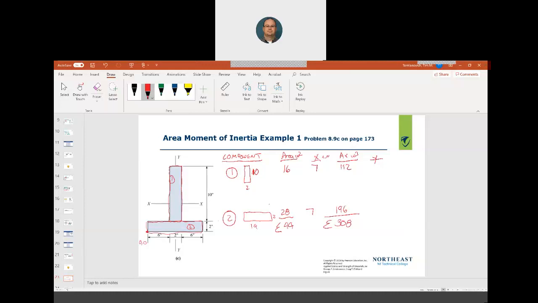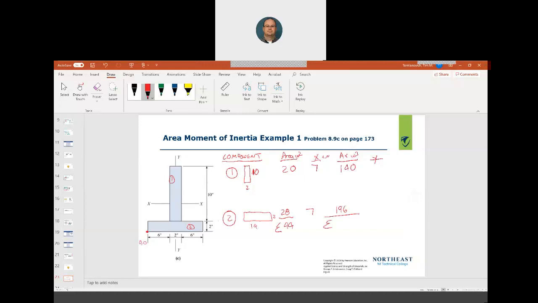So we are going to hit the eraser button, and we made a mistake there. Okay, it's 10 from here to here, so 10 times 2 is 20. 20 times 7 is 140.